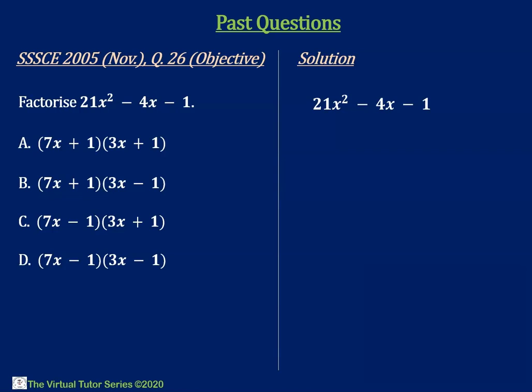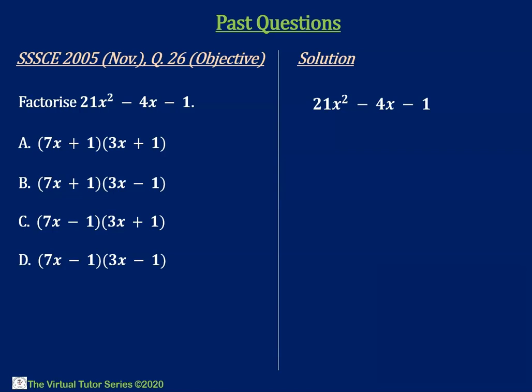And two factors of negative 21, which sum up to negative 4, are negative 7 and 3. Therefore, we put negative 7x and 3x in place of negative 4x.